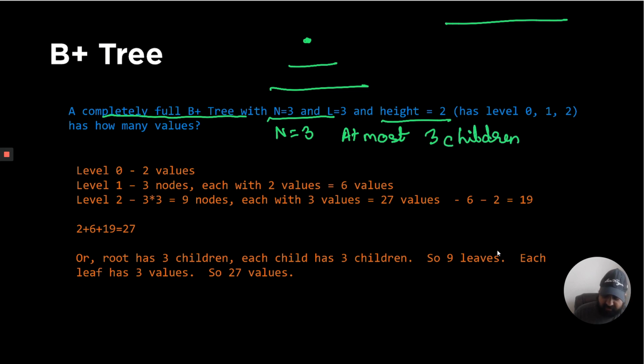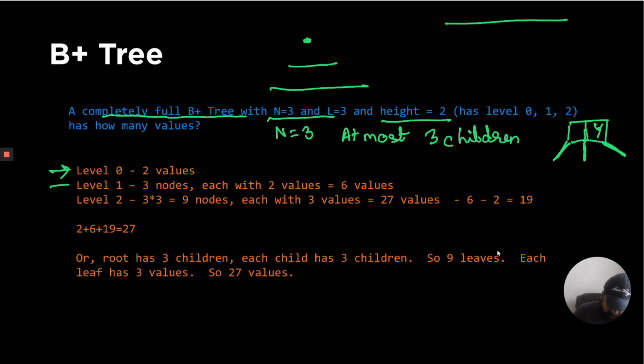So that means the root will have just 2 keys, because if it has 2 keys, we know everything on the left, in between these two values, and the third child will be whatever is greater than the second key in the root. So the level 0 will have just 2 values.